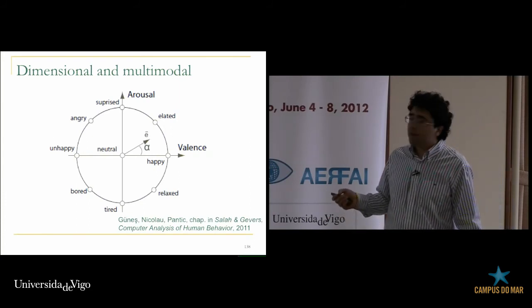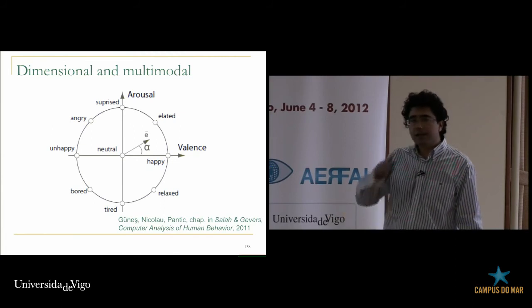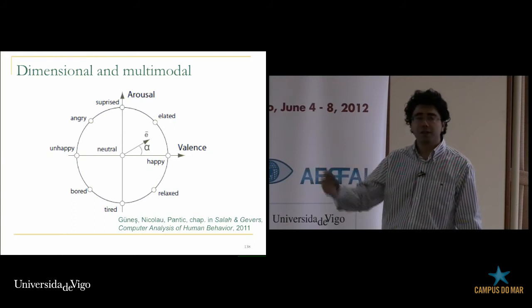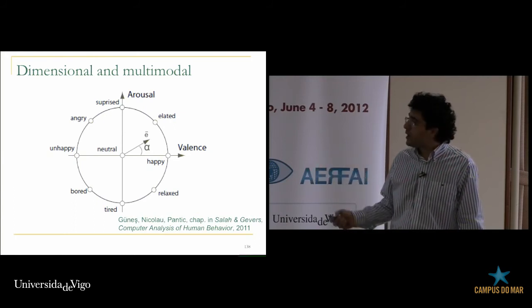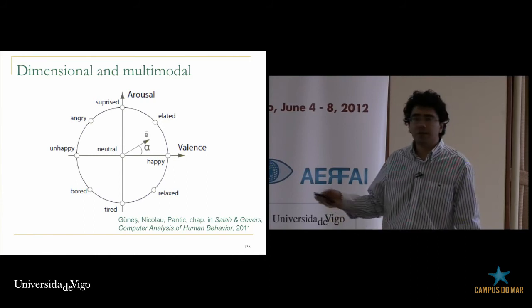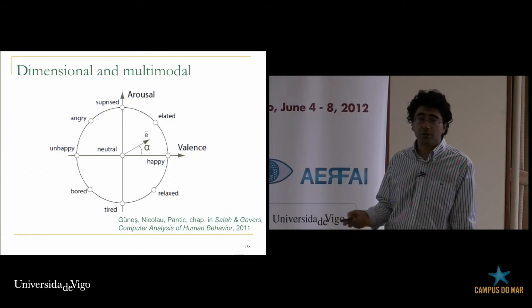Another important discussion in the expression recognition community is, how do we do this labeling? We want to go a little bit beyond these basic expressions. Well, we can use the valence arousal circumplex space that I've shown you, and instead annotate each emotion with continuous variables in these dimensions.